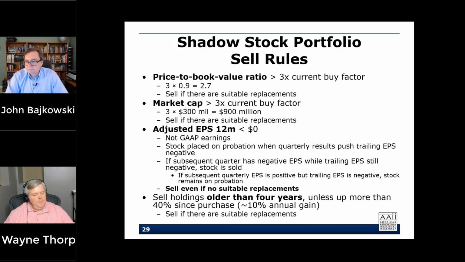Excellent. So getting to a few questions regarding portfolio creation, sort of hand in hand. Tyler asks, I don't want to manage a portfolio of roughly 30 stocks. So how do you suggest I go about selecting a subset of the shadow stock portfolio? If you don't want to manage all 30, what you're going to want to do is start off with companies that have lower price to book and lower market cap figures.